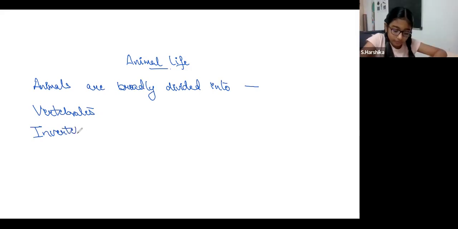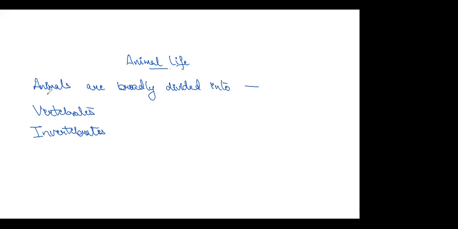Okay, ma'am. So all the animals, whether aquatic or land, are divided into vertebrates and invertebrates. So how do we classify them? How do we define them?